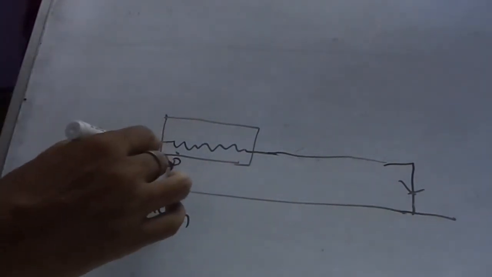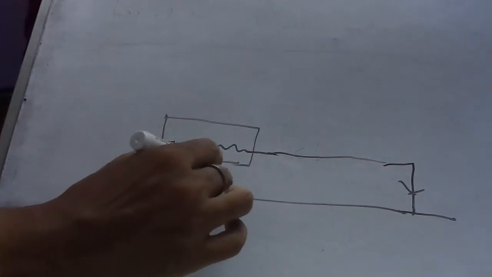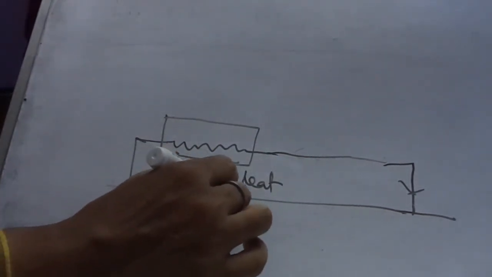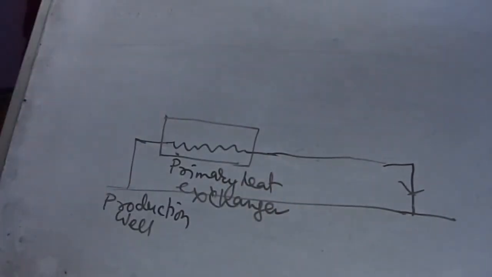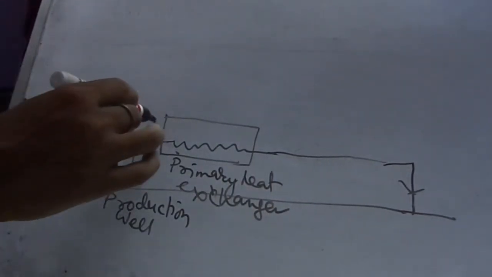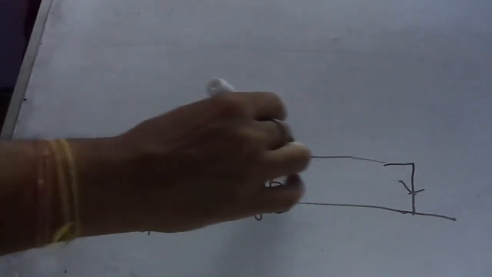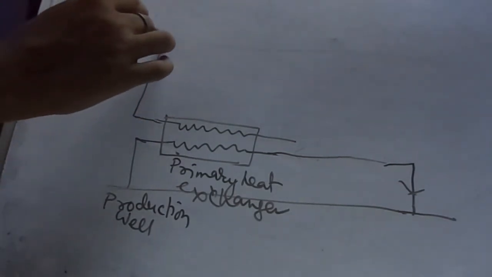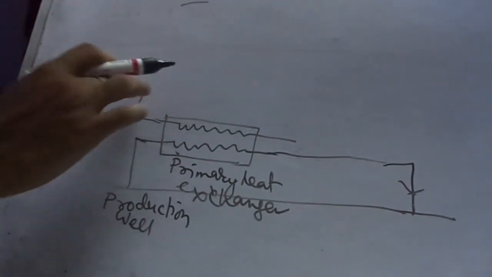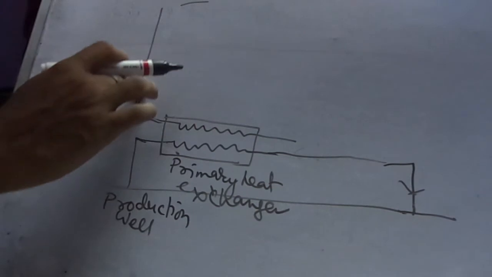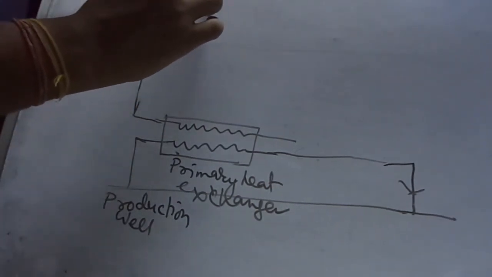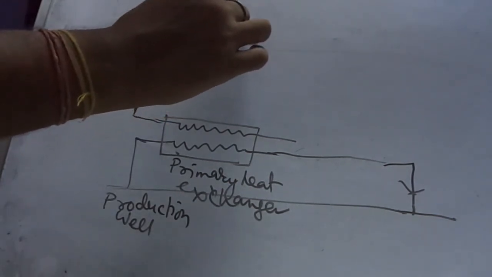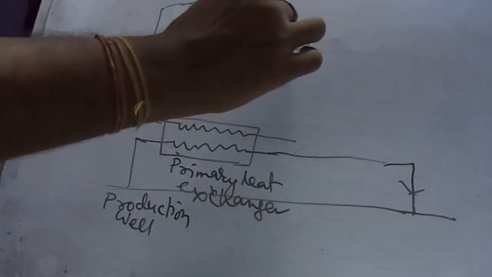One line is there, and another line goes out, and then the turbine and then the generator.